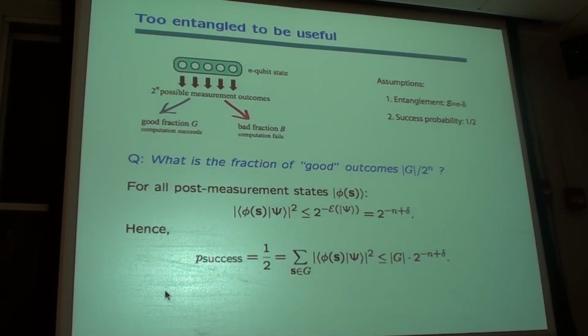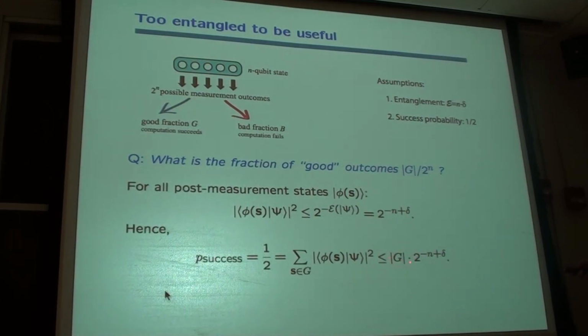And now we're using this inequality in here, and we find that this success probability is, well, the number of good outcomes times this. And we see that we have the answer to our question right here.